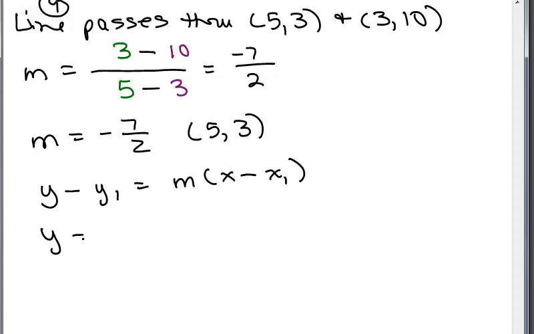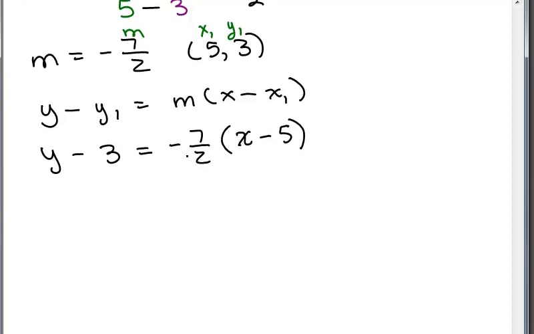So y minus, all right, remember, this is your x1, this is your y1, and this is your slope. That's what you're plugging in, m, x1, and y1. So for y1, I'm plugging in 3. For the slope, I'm plugging in negative 7/2. And for x1, I'm plugging in 5.